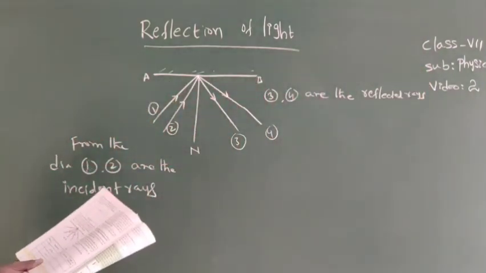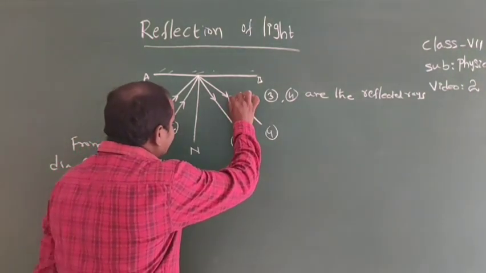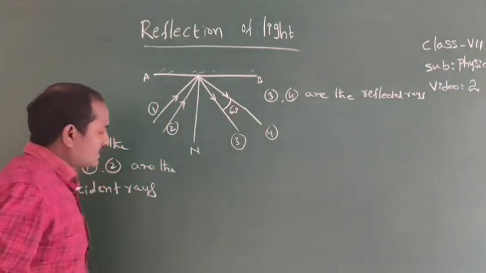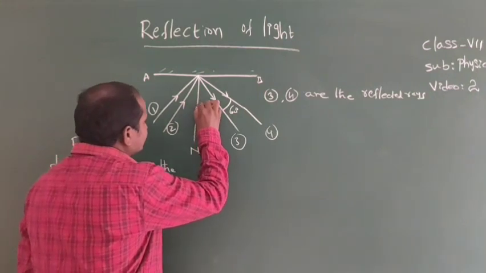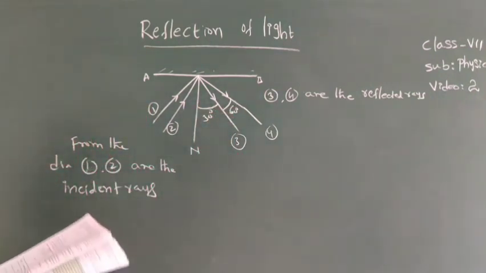From the diagram, the angle theta is given here as 60 degrees. Next, 30 degrees is given here. These are the given values.